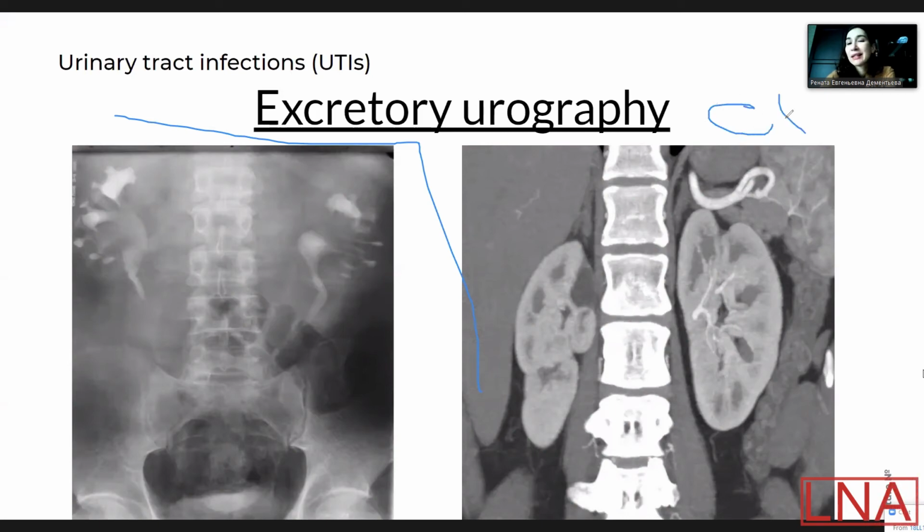There, it's a CT scan. Look, deformity of the kidney, difference in the size of the kidney.